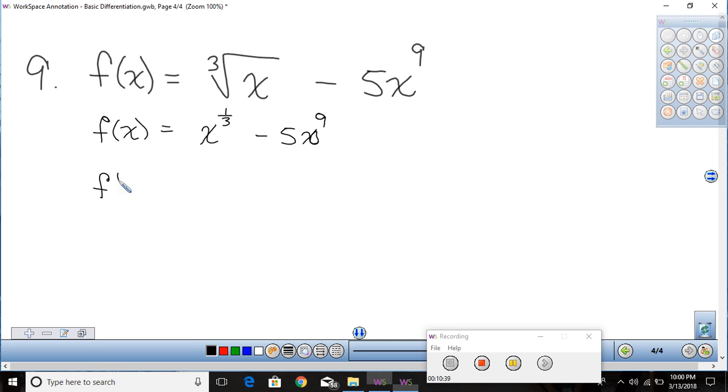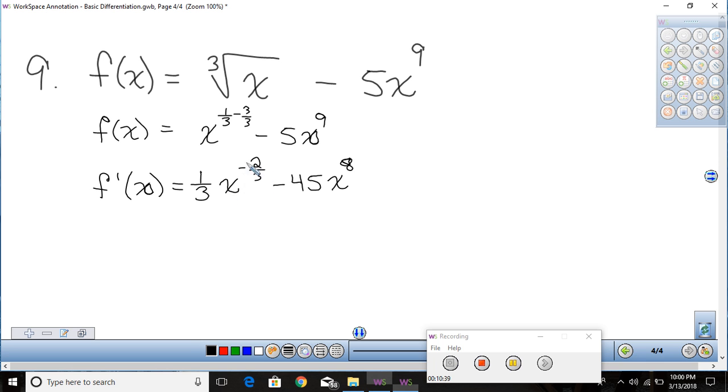Okay? So this would be, pull the 1/3 down, decrease by 1. So 1/3 minus 3/3 is negative 2/3. All right, then you've got 9 times 5 is 45. X to the decrease by 1, 8.